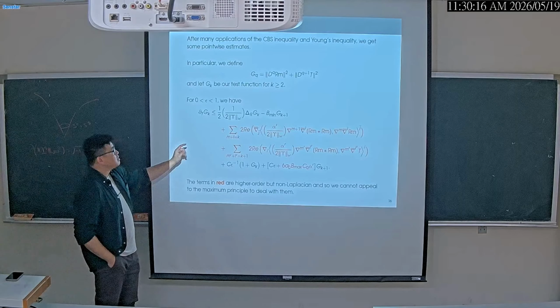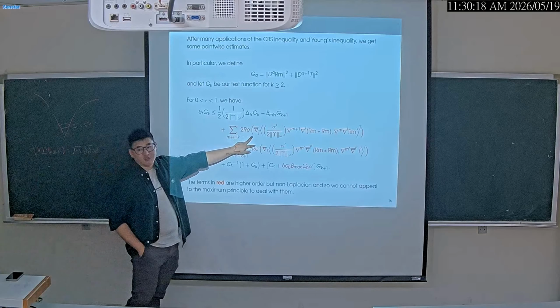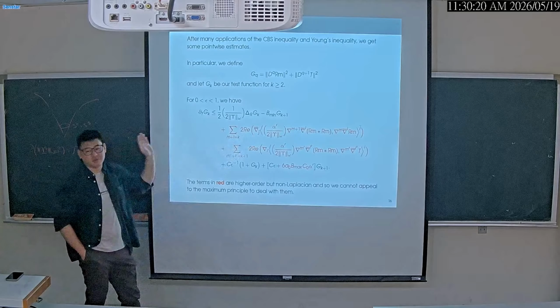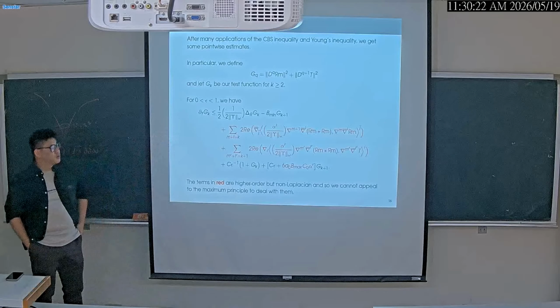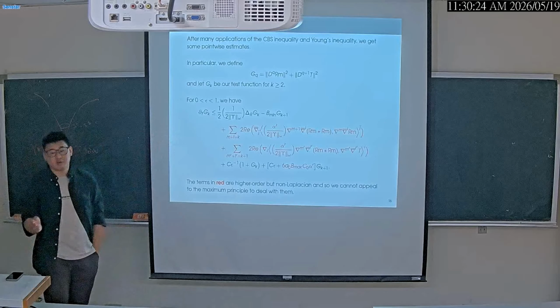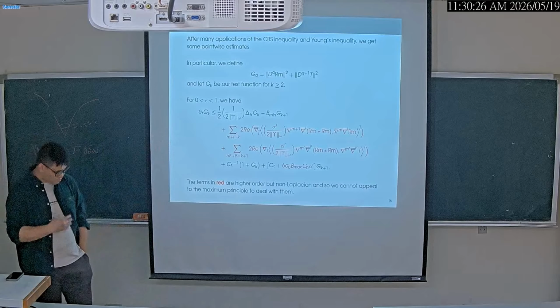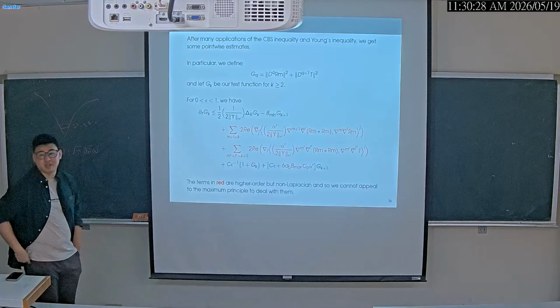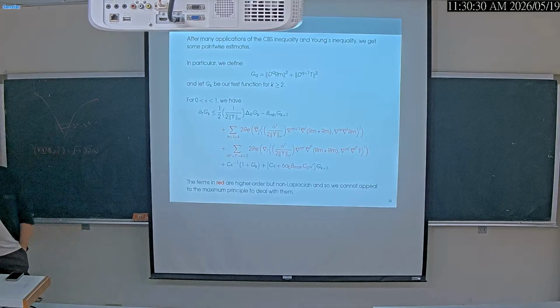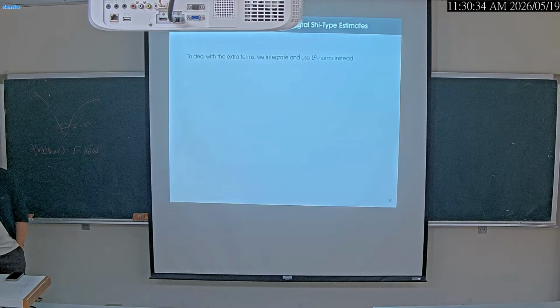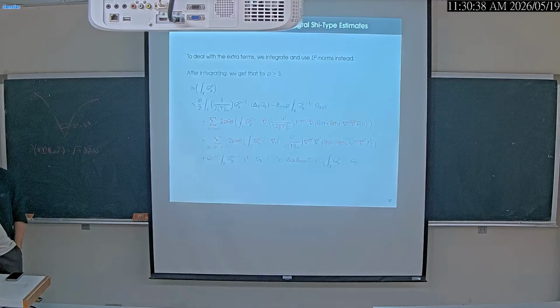But the good news is that these terms over here in red, they look like divergences. Okay. You can mess with them so that they end up actually being divergences. So if you want to get rid of them, you can integrate and get something nicer. This is exactly what it is. So instead of computing the point-wise Xi estimates, you can integrate everything and get integral Xi estimates instead.